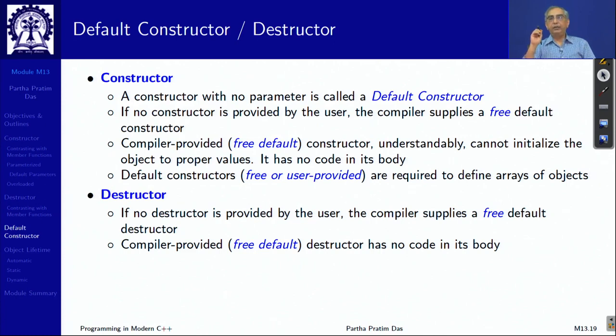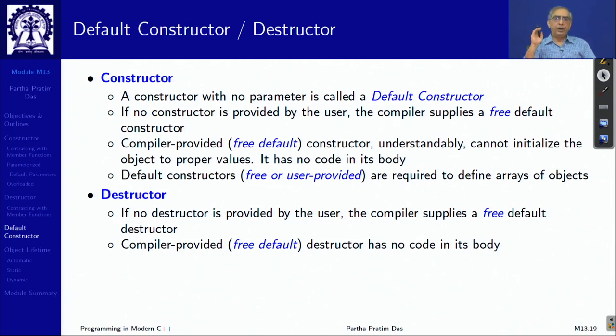Now, what happens is, if you write a class and you do not give a constructor, there could have been two choices. One is this could have been made not allowed at all, so that the code will not compile unless you give a constructor, but that has not been done, because there are several small situations where the constructor is so trivial that you would not like to take the pain of writing it.